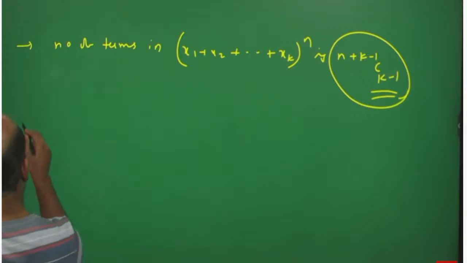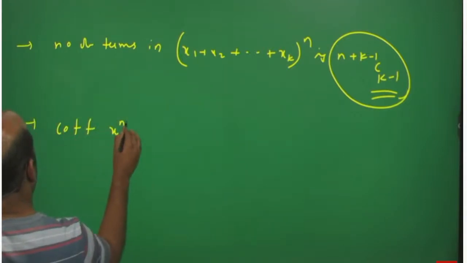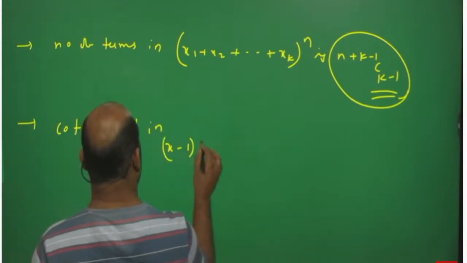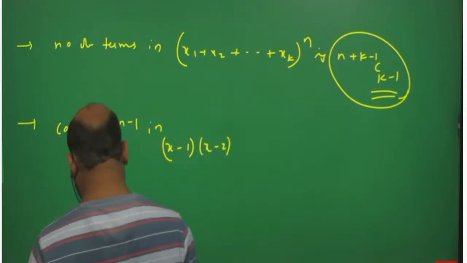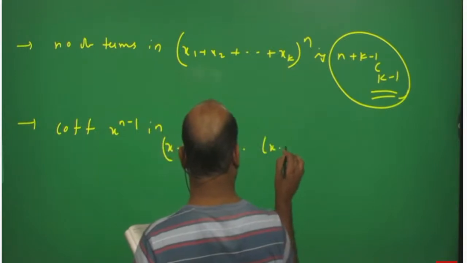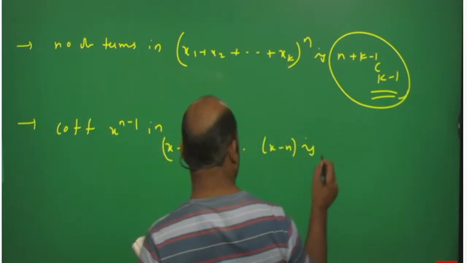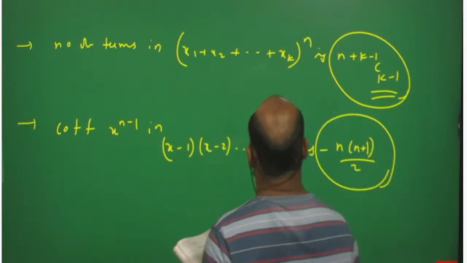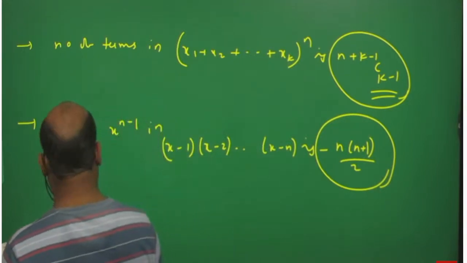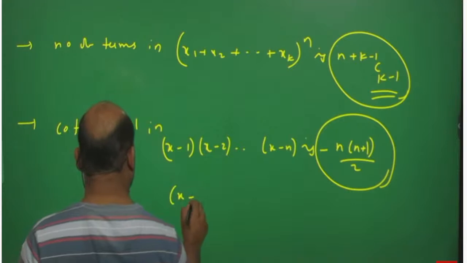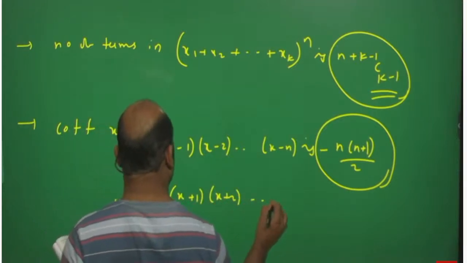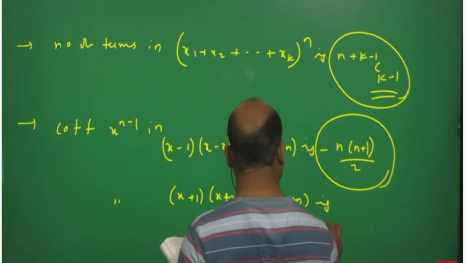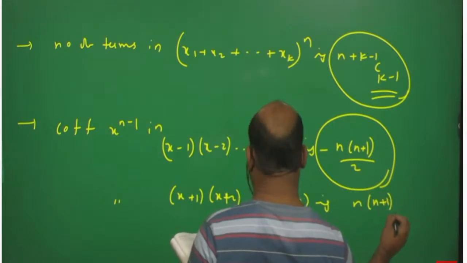Next one is coefficient of x power n minus 1 in (x minus 1)(x minus 2) and so on (x minus n) is minus of n into (n plus 1) by 2. Same thing, coefficient of x power n minus 1 in (x plus 1)(x plus 2) and so on (x plus n), when I have plus here, is n into (n plus 1) by 2.